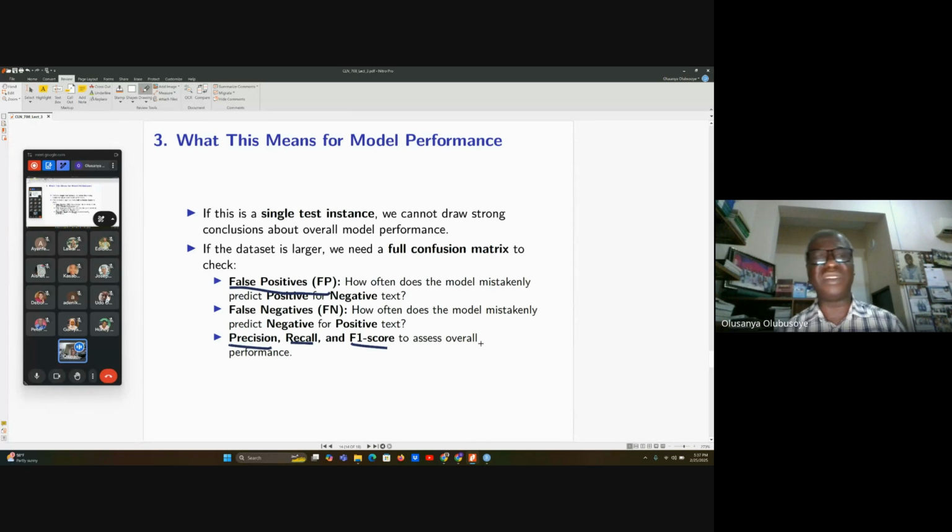Not only logistic regression, we can also use them to evaluate the performance of any classifier. I think the last class we discussed naive Bayes, which we also use for classification.